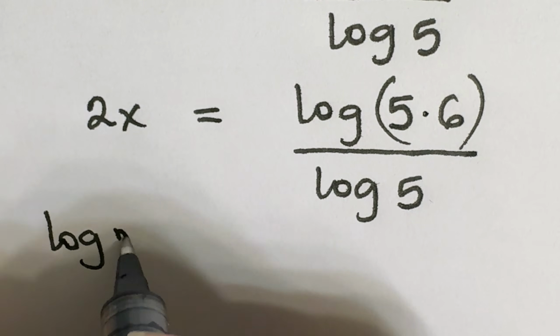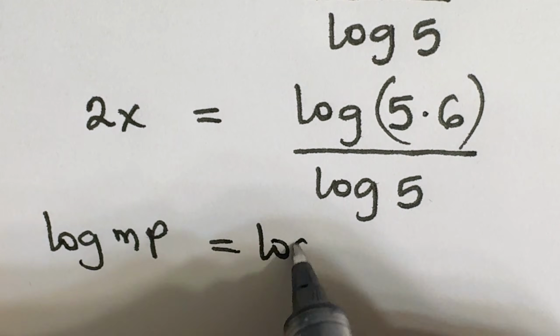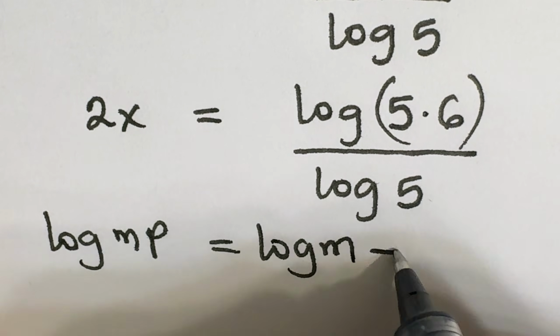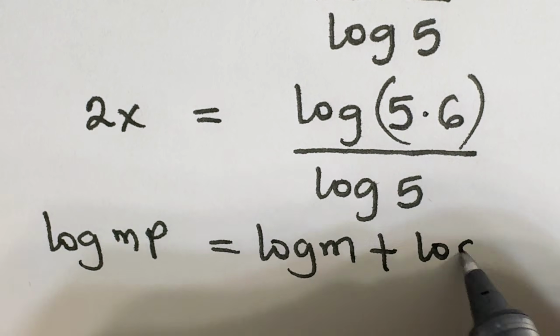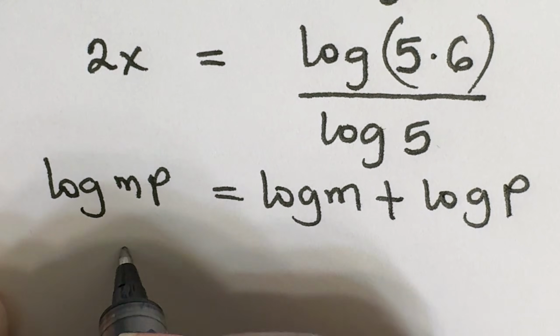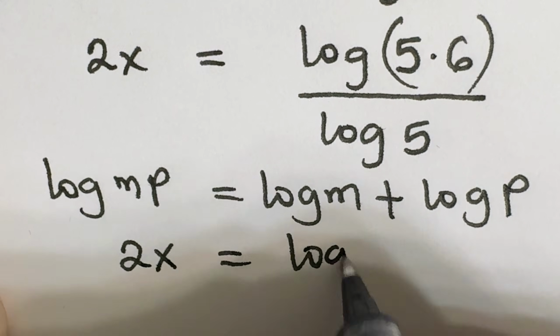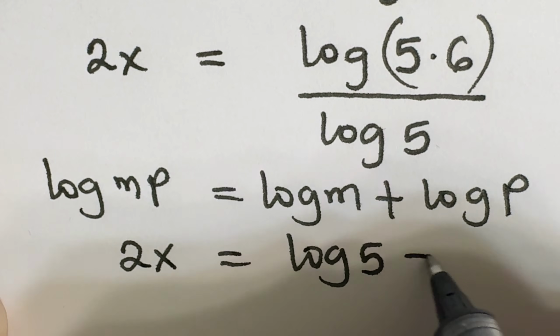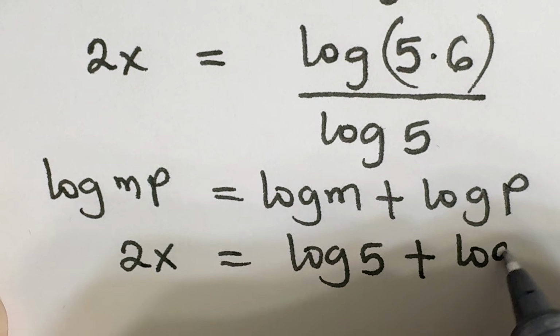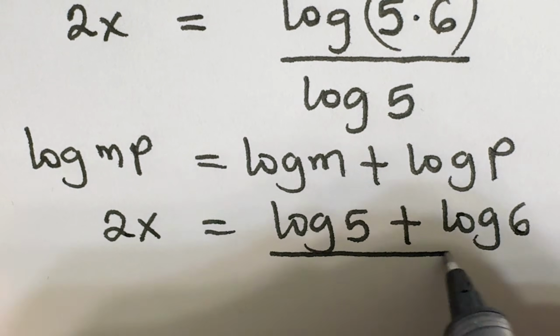Log m times p, by law of logarithm, will give us log m plus log p. So we're going to have 2x is equal to log 5 plus log 6, then divided by log 5.